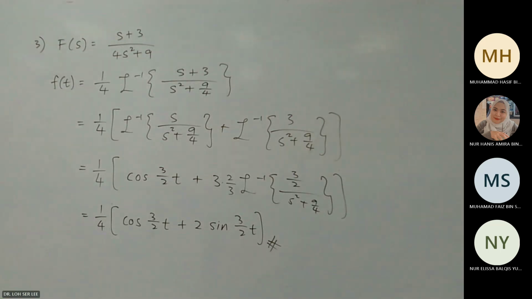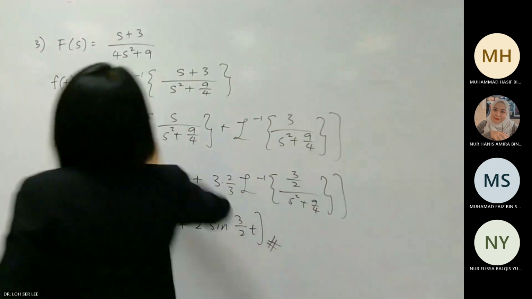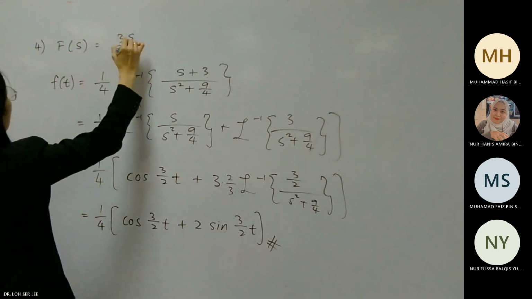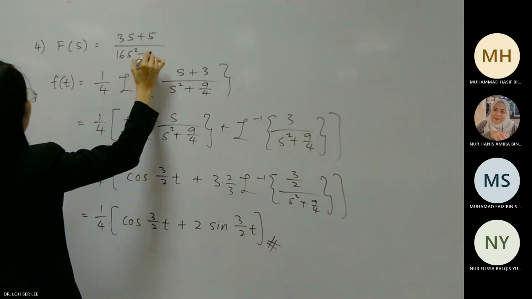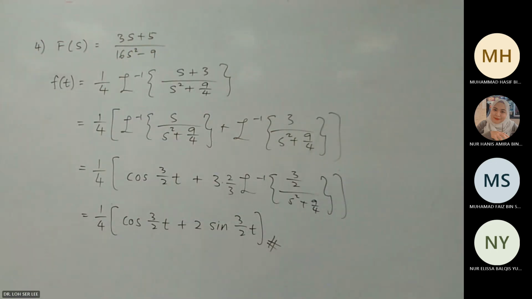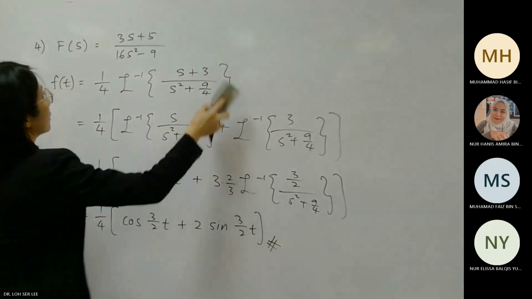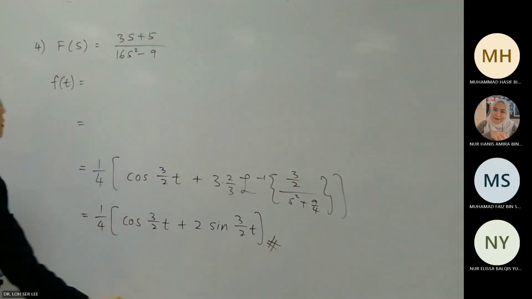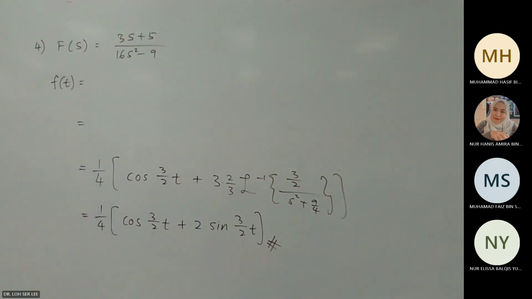Okay, last one. So number 4, what you need to do, take out the 16 from the bottom, so you have 1/16.